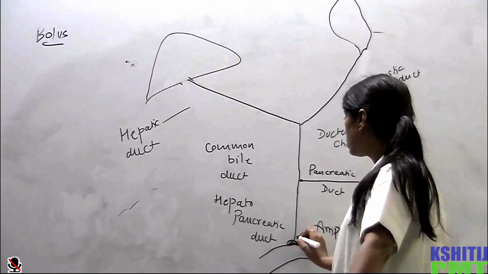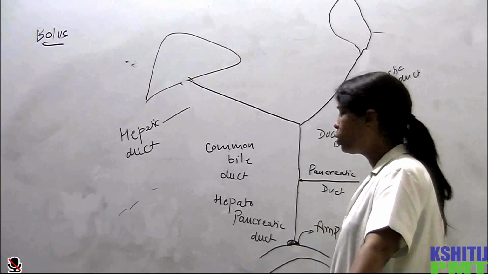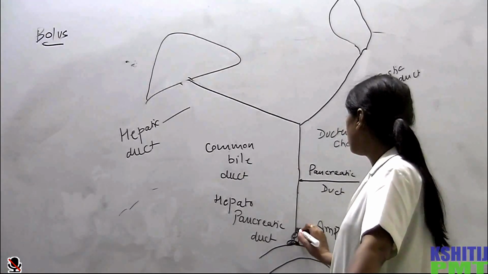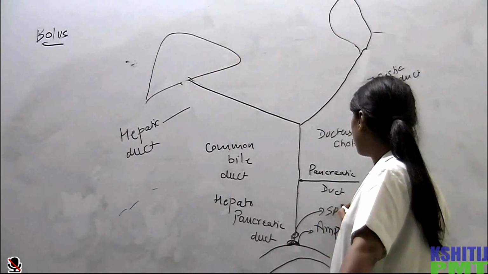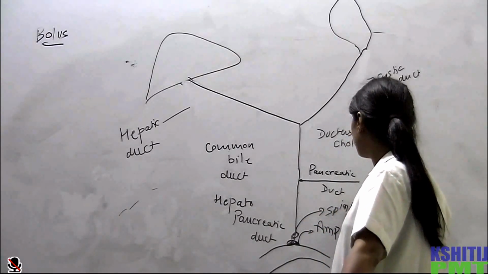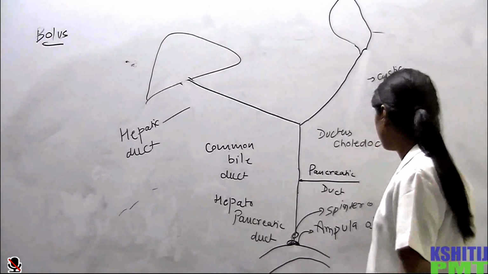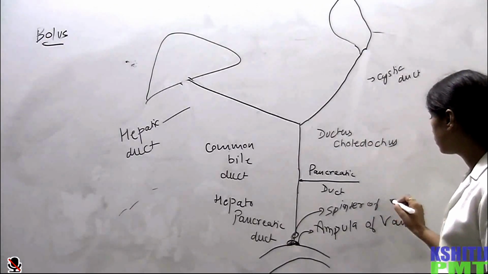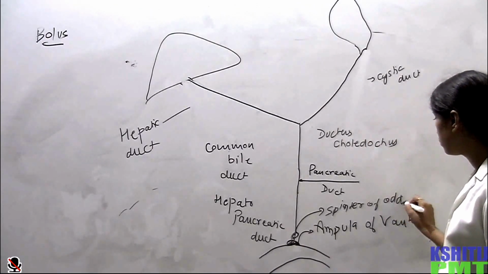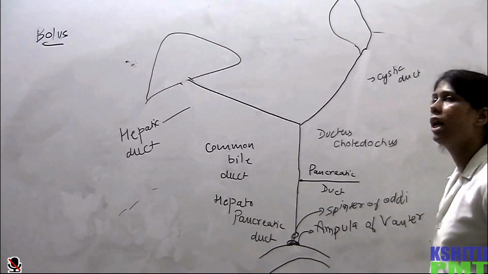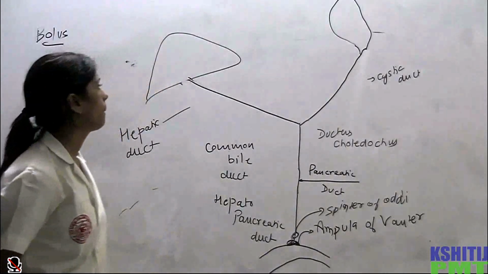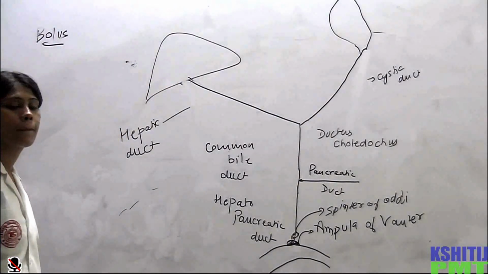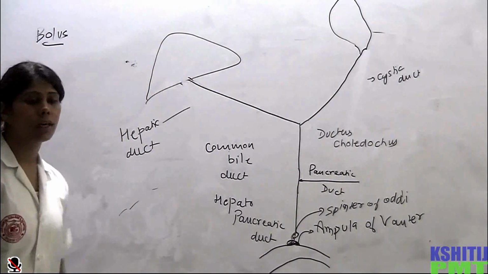Whereas this hepatopancreatic duct has a sphincter, which is called the sphincter of Oddi. Am I clear on this?